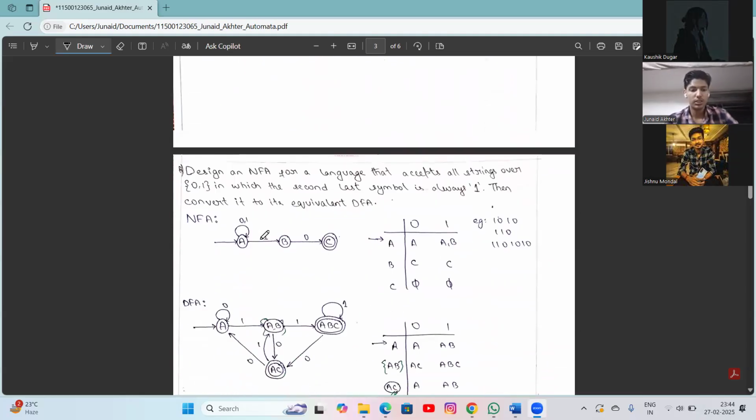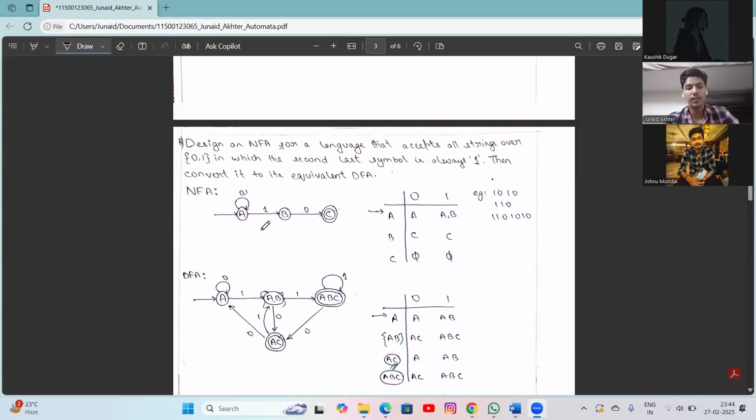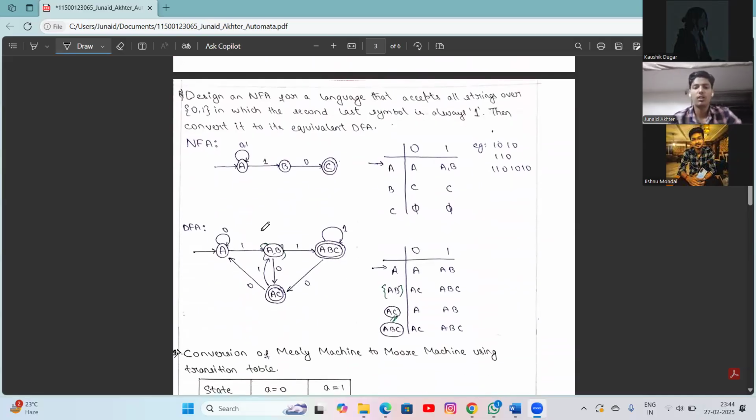Now the next question is, design an NFA for a language that accepts all strings over 0, 1 in which the second last symbol is always 1, and then convert it into its equivalent DFA. Here we can see examples where the second last symbol is always 1, like 1010, 110.